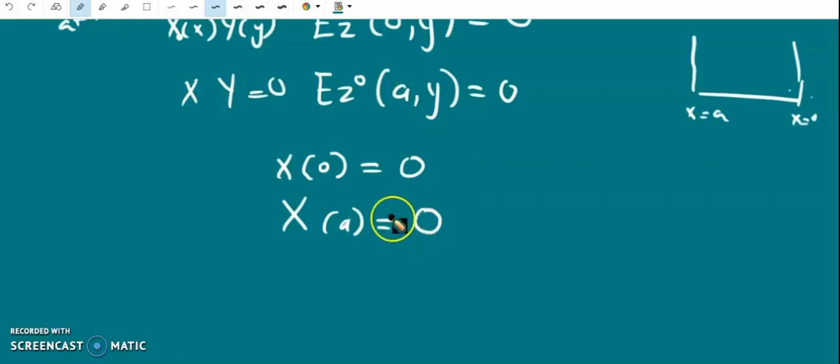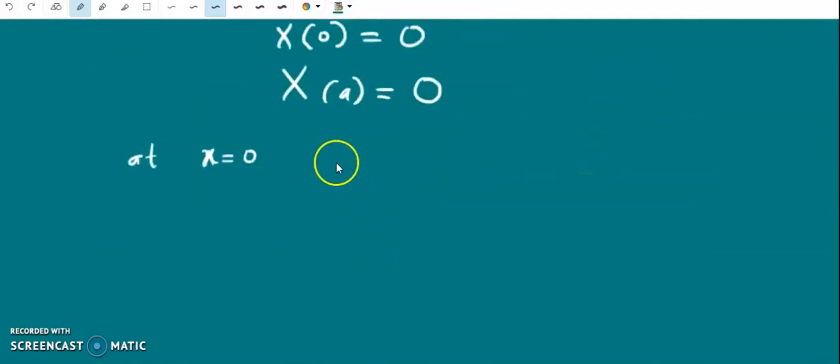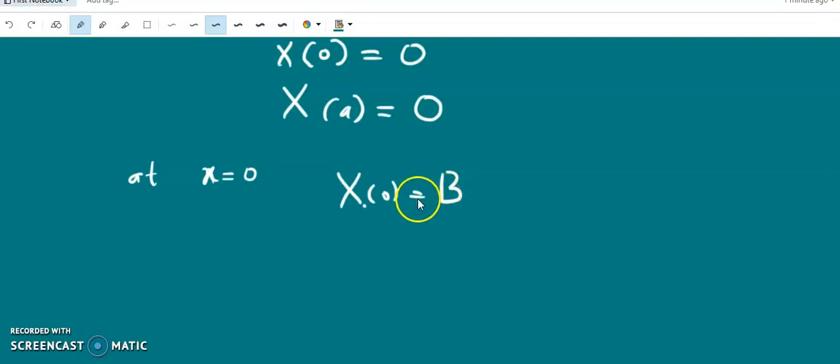So applying these boundary conditions in our equation number 1, at small x equal to 0, capital X is equal to A sin 0 plus B cos 0, that is A into 0 plus B into 1. So that is B. That is, X(x) at x equal to 0 is B, that is X(0) equal to B. So substituting X(0) equal to 0, we get B equal to 0.